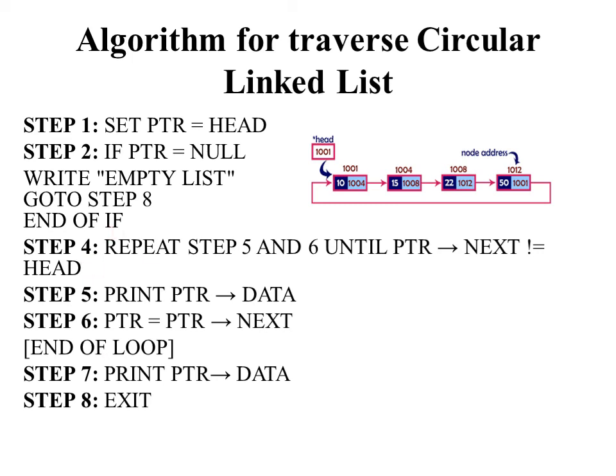Otherwise step 4, repeat steps 5 and 6 until ptr points to next is not equal to head. Here ptr is 1001 and ptr next. When ptr is 1001, ptr points to the first node, and ptr next means 1004.